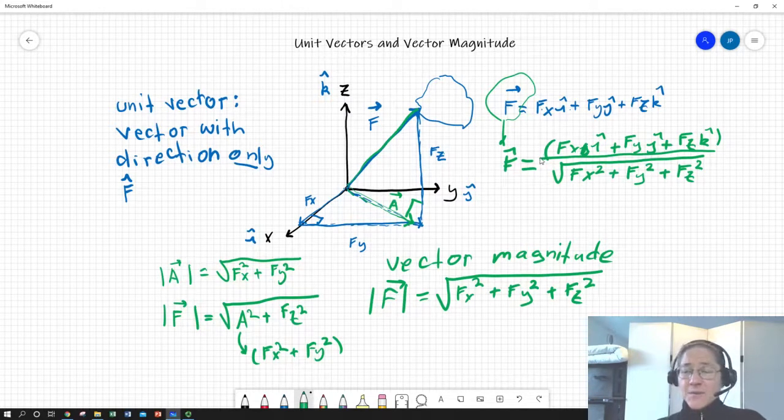But then you're going to want to get rid of that actual length if you want to send a force or a moment down its direction. You have to turn it into a unit vector. And then you can assign any magnitude, even a magnitude with different units, because a unit vector has no units. You took away all the meters along with all the length of meters. So this is unit vector f that corresponds to this full vector f.